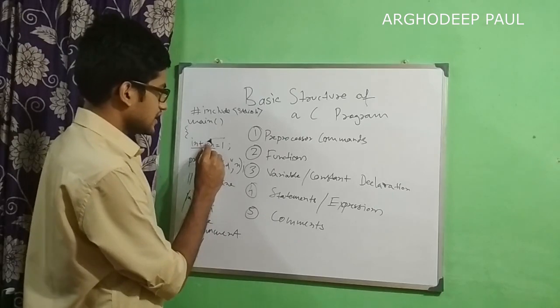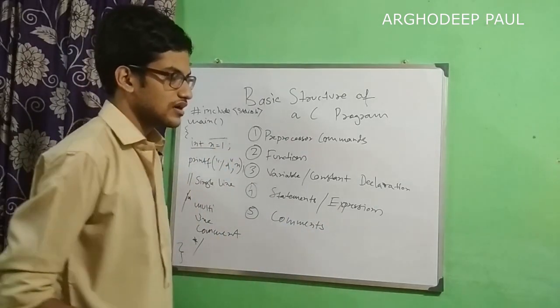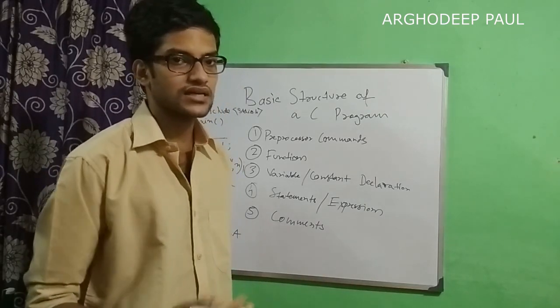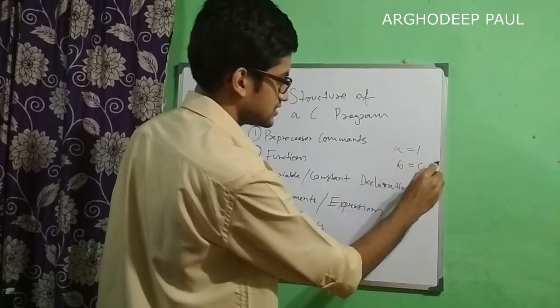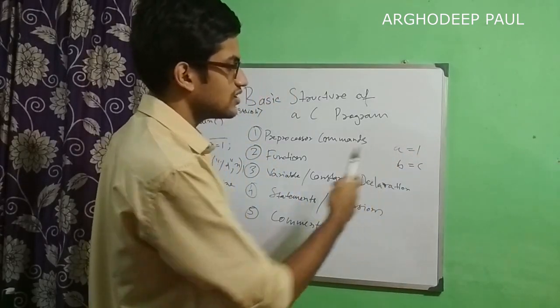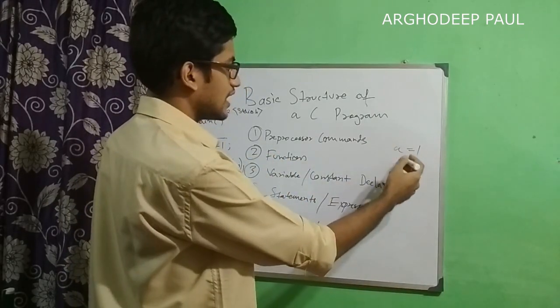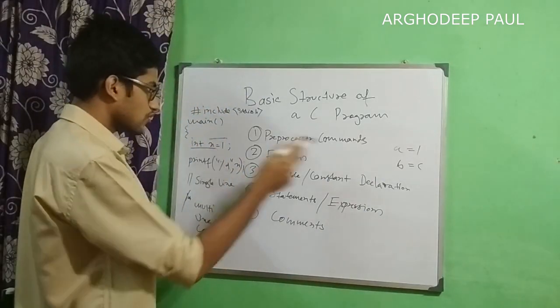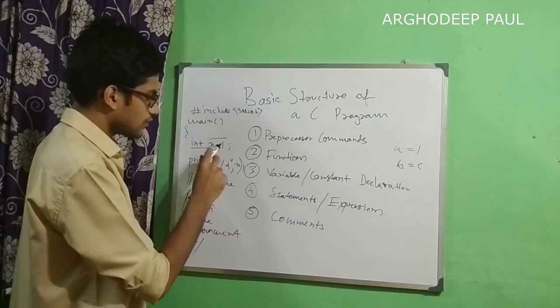So this part is the expression part, because we know we have already done algebraic expressions in mathematics. So a equals 1 or b equals c, these are all expressions because they are all equations. This is the assignment operator here. In case of algebra, this would be the equal sign; in this case, we will call that equal sign the assignment operator, and we are finally assigning 1 to n.